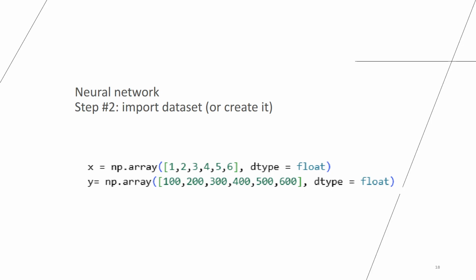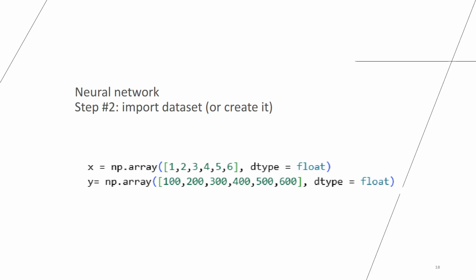The second line creates another array called y. This array contains the corresponding output values. In this case, the outputs are 100, 200, 300, 400, 500, and 600. If we look closely at the relationship between these two arrays, we can see a clear pattern. Each output value is simply the input multiplied by 100.